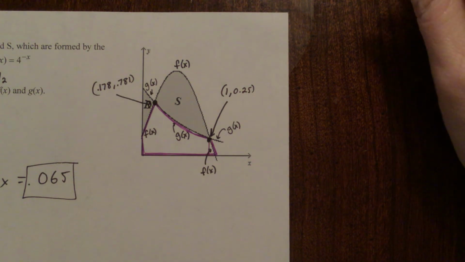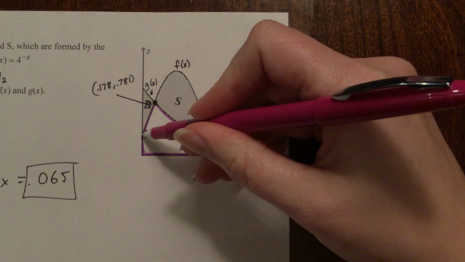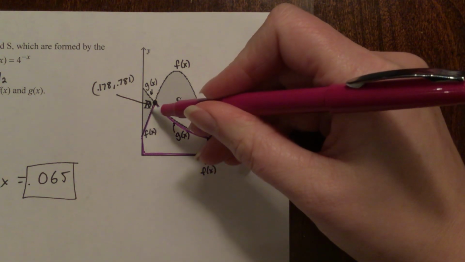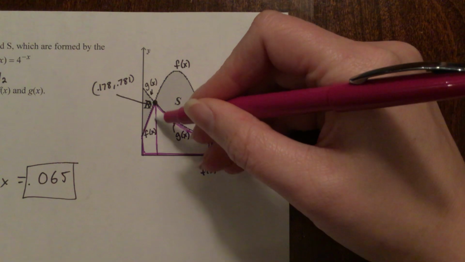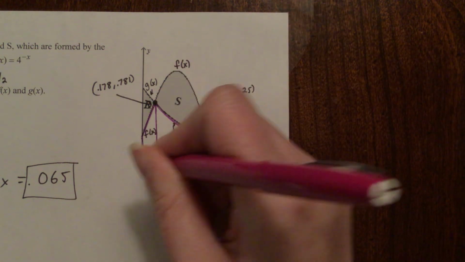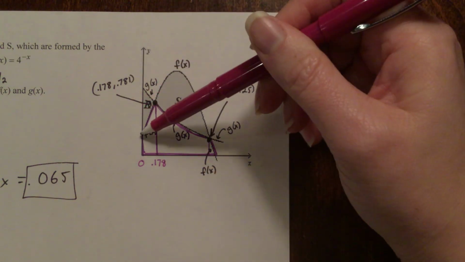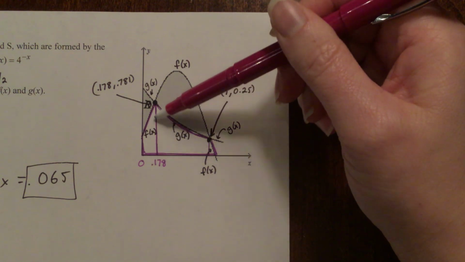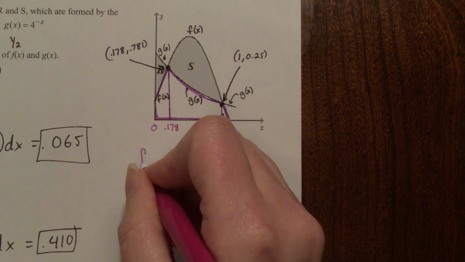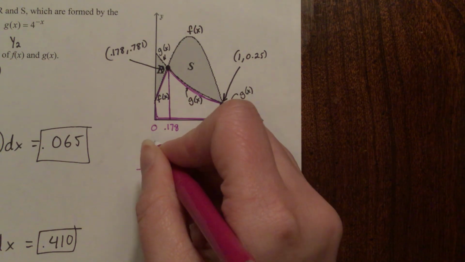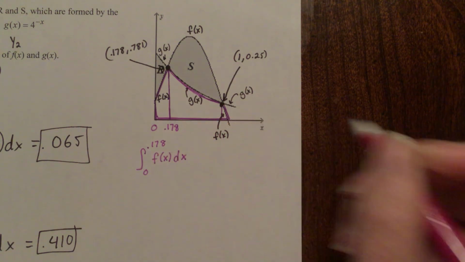Okay, so we're going to start here, and we're going to go as far as we can where we have the same top. The top is f of x until we get to straight down this x value. So from 0 to 0.178, our function is f of x, and we are finding literally just that one integral. I'm going to do this up here instead of down below. So we're going to find the integral from 0 to 0.178 of f of x dx.